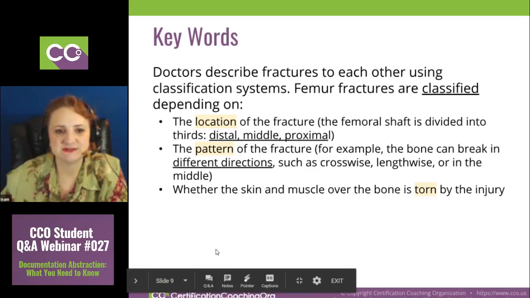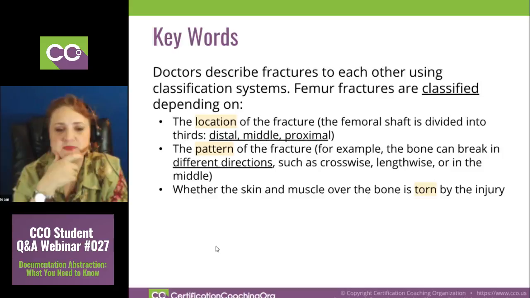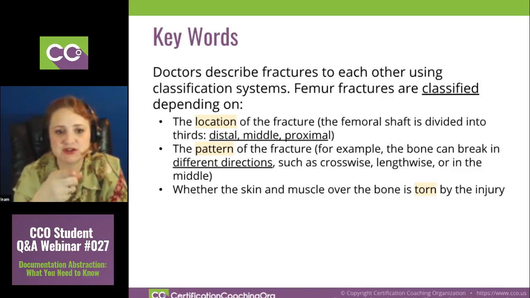All right, keywords. Here's another section of this article. It should leap off the page at you. First, location and pattern. And again, I apologize, that's very pale pink. I won't do that next time. I'll make sure that it's darker. So the first thing that we know, doctors describe fractures. How? By location and pattern.